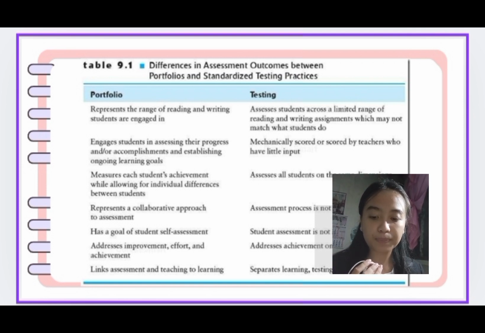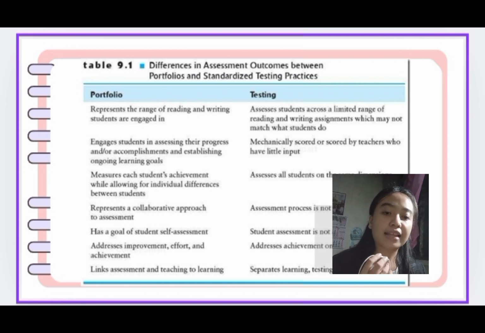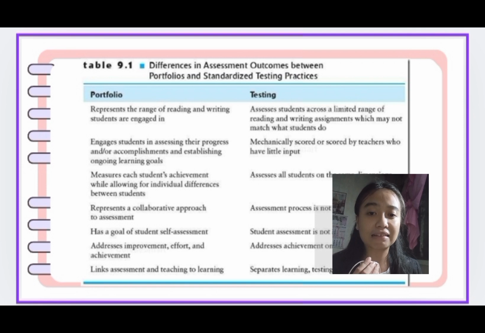Next, a portfolio represents a collaborative approach to assessment, while in testing, the assessment process is not collaborative. So this means that in a portfolio, teachers and students work together in the process, making it collaborative and meaningful. While in testing, the process is not collaborative. Students simply take the exam and get a grade.